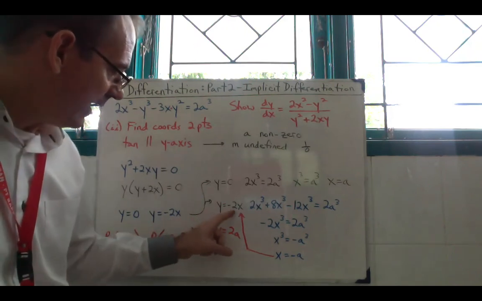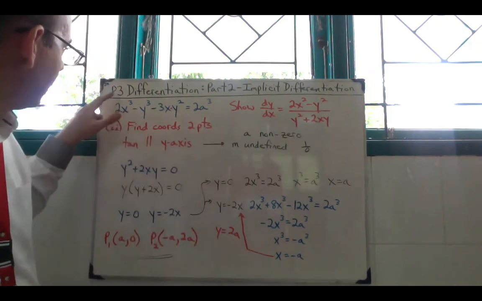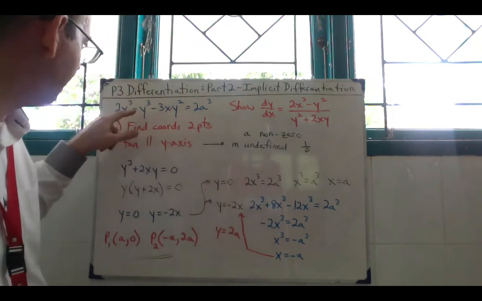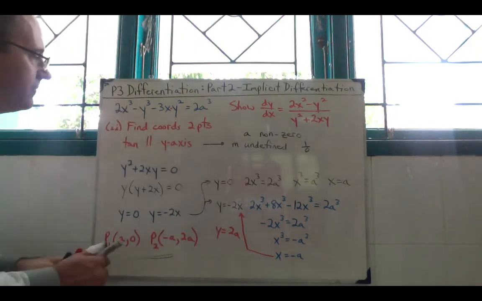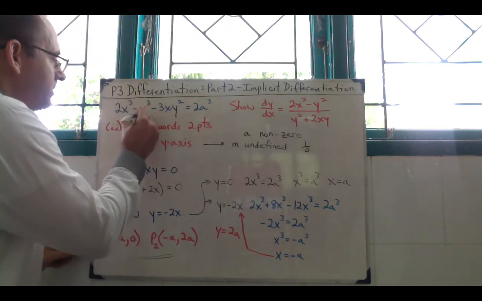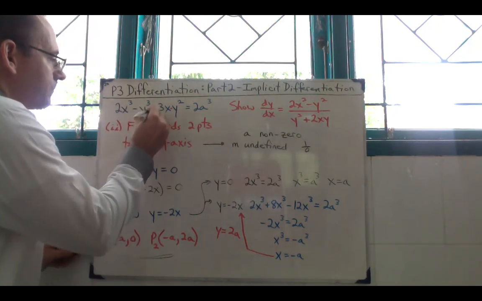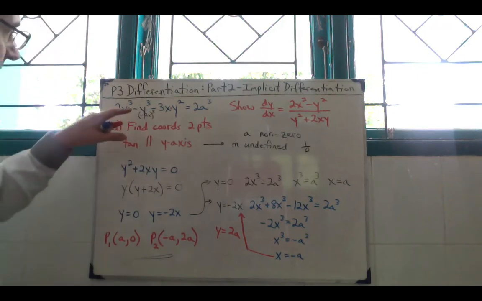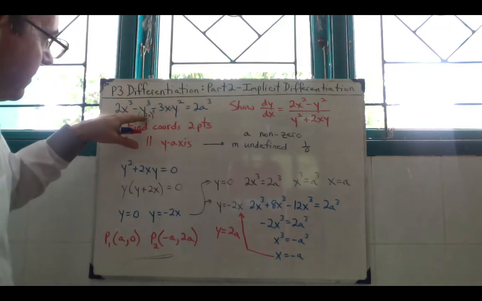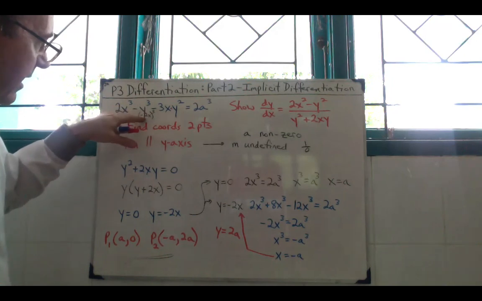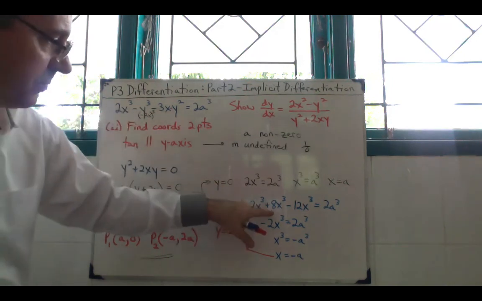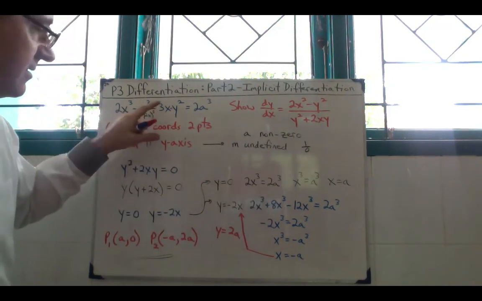When we plug in a negative 2x, we still have 2x cubed for this first term, a negative 2 cubed. That becomes a negative 8. Negative 2 cubed is a negative 8 times the negative makes positive 8x cubed.